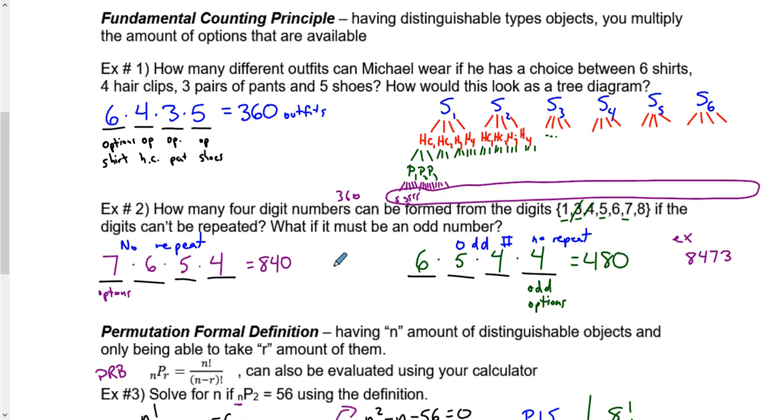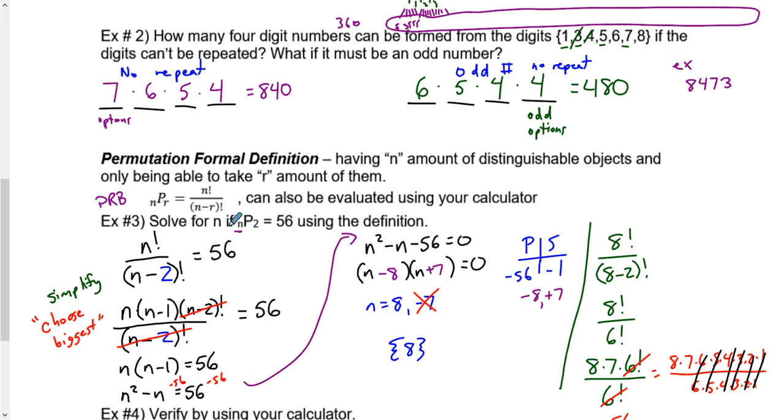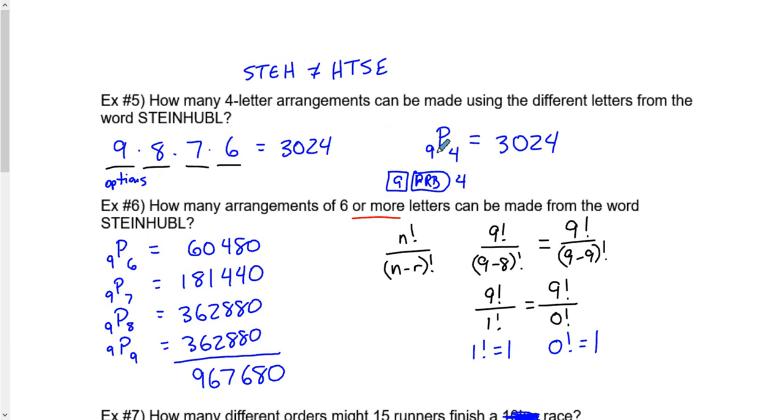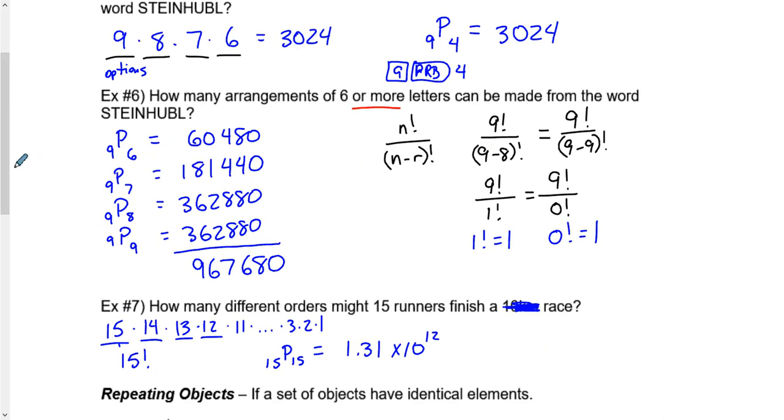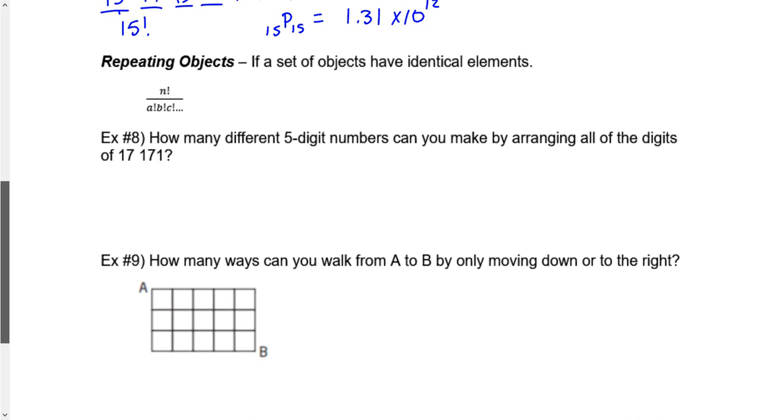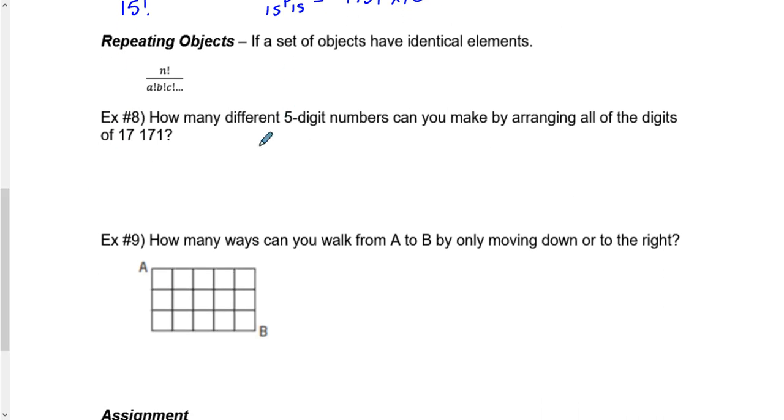Hopefully you also know what vowels and consonants are. Vowels: A, E, I, O, or U. Consonants are the other 21. What even and odd numbers are. What the formal definition of permutation is. And that's that nPr, that idea of having so many or more. And the last bit is repeating objects.